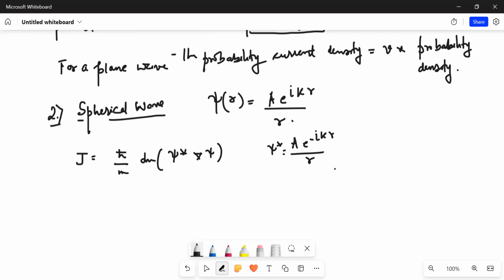And the derivative of psi with respect to r is minus A upon r squared e^(ikr) plus ik A e^(ikr) divided by r.